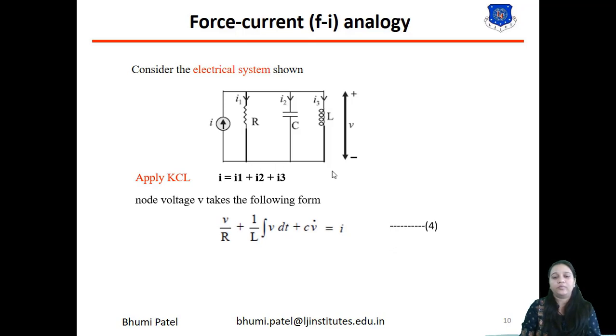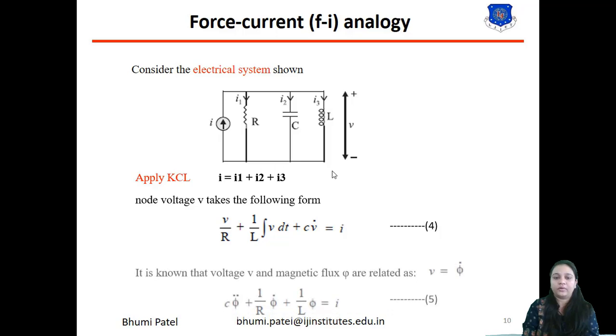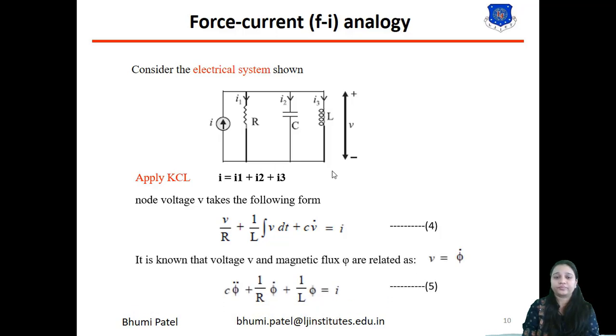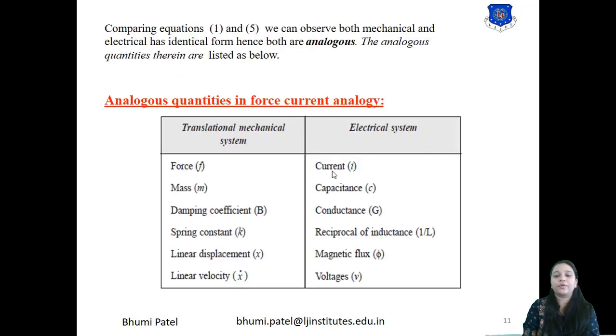Now the node voltage V takes the following form: V upon R using Ohm's law, plus 1 by L integration of V dt, plus C V dot is equal to I, equation number 4. It is known that the voltage and the magnetic flux phi are related as V is equal to phi dot. So the equation will become C phi double dot plus 1 by R phi dot plus 1 by L phi is equal to I, equation number 5.